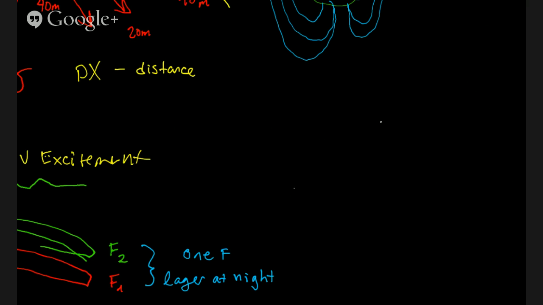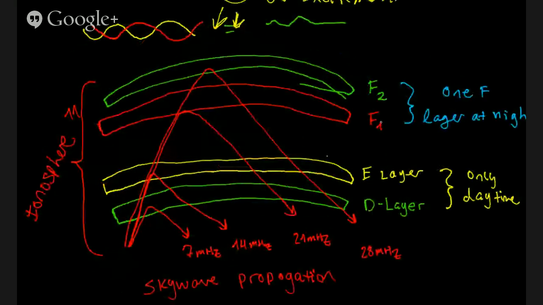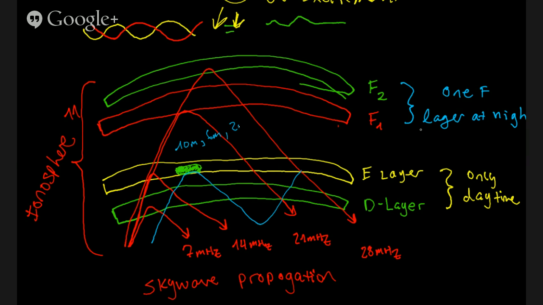Sporadic E, go back to our diagram here. Sometimes we'll get concentrated patches of stronger than usual E layer, which will generally cause skip on 10 meters, 6 meters, and 2 meters.